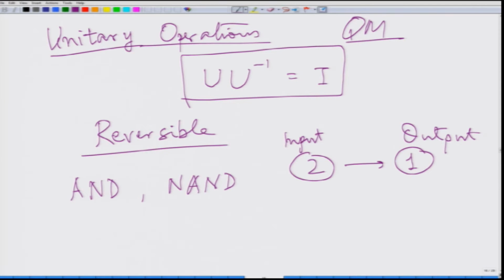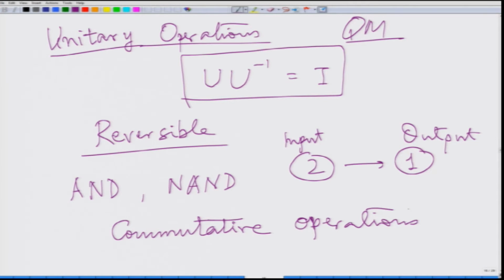And we had also mentioned one other important thing, which is commutative operations. Okay.